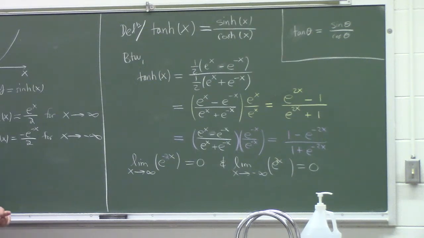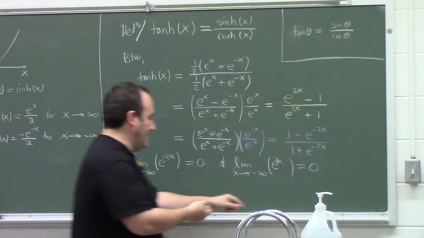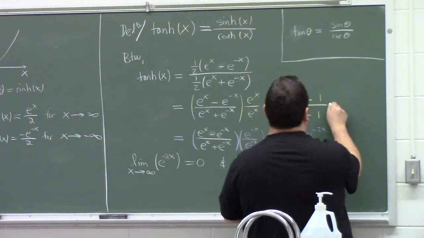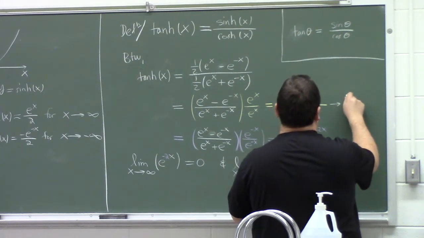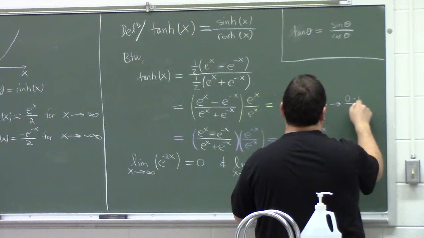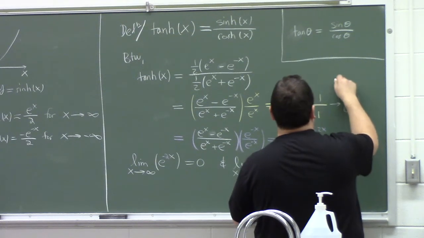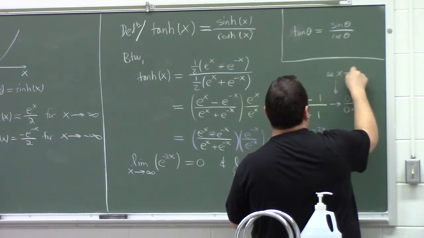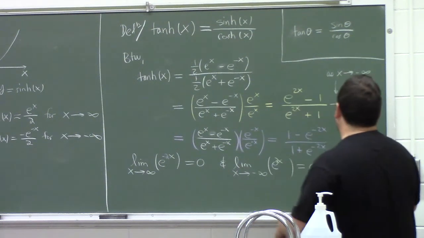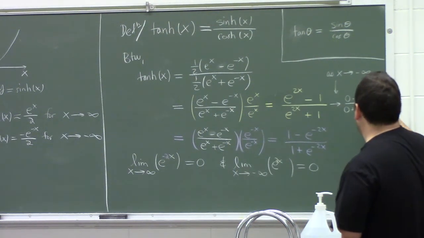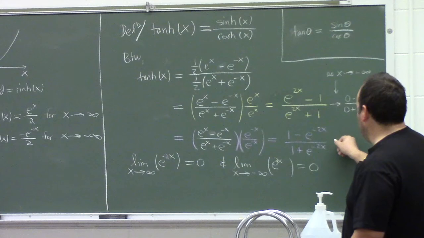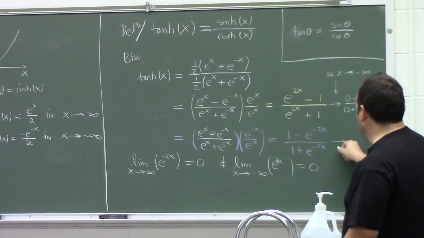So for the first expression, if you think about x going to minus infinity, what does it go to? Zero minus 1 over 0 plus 1, as x goes to minus infinity. In other words, minus 1. How about this one? What does it go to as x goes to infinity?